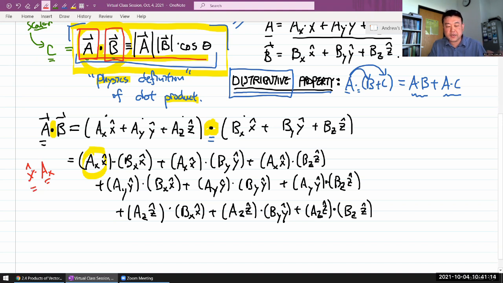So where you put the scalar doesn't matter. That's one. And so, as an example, here I could rewrite this as ax bx times x̂ dot x̂. This would be an allowed operation because of the commutative property of the scalar with the vector in multiplication.